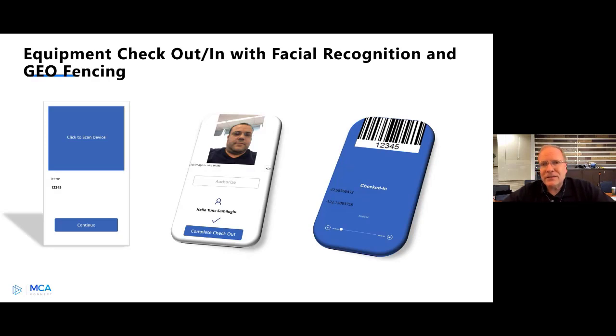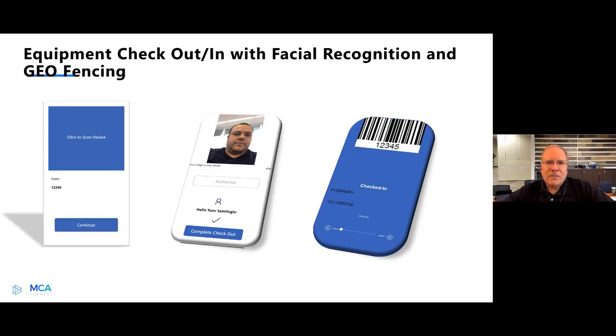What's nice about this is you have the app on your phone, you scan the 2D barcode or the serial number of the tool you're taking out of the room, it assigns it to you, and when you come back in to return it, it's actually doing face recognition on your phone to recognize who you are, and it's also doing geofencing to analyze, are you indeed in the tool room where you should be returning the tool.